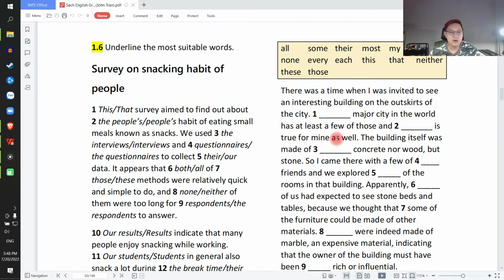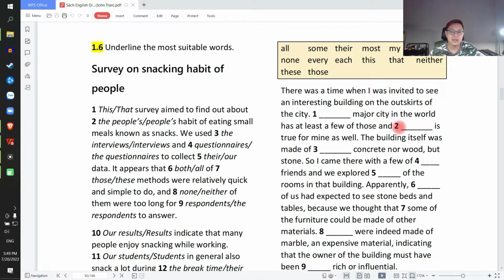So number one is basically every major city or each major city in the world has at least a few of those. Mỗi một cái thành phố lớn trên thế giới đều có ít nhất là một vài cái nơi như vậy. So here the suitable one is every or each major city in the world. Số 1 nó sẽ làm each hoặc là every đều được.